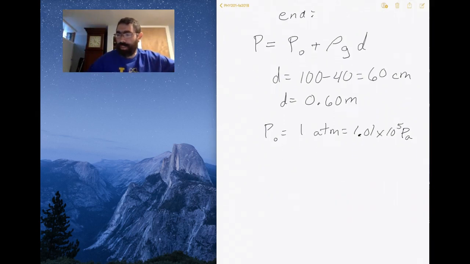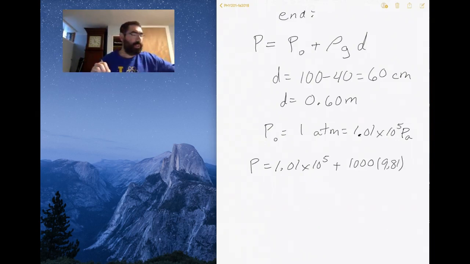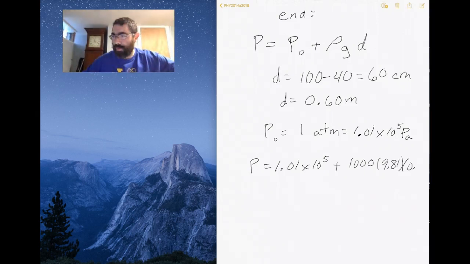Okay, so now that we have that information, let's put it all together. So the pressure is going to be 1.01 times 10 to the 5th pascals plus 1,000 kilograms per meter cubed times 9.81 meters per second squared times 0.6 meters.